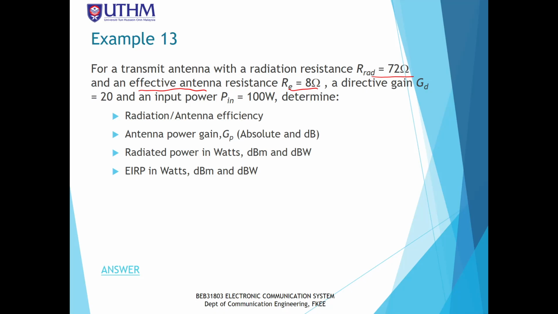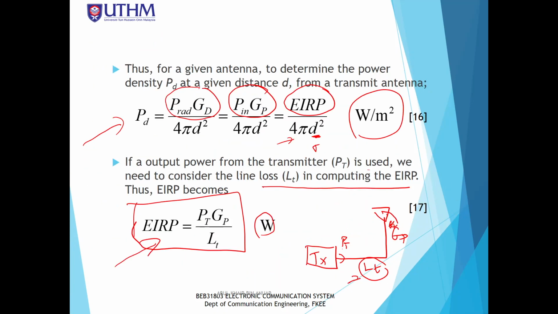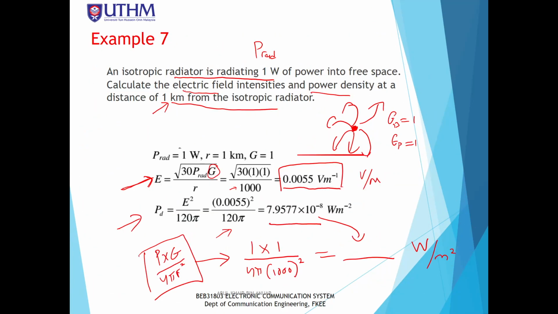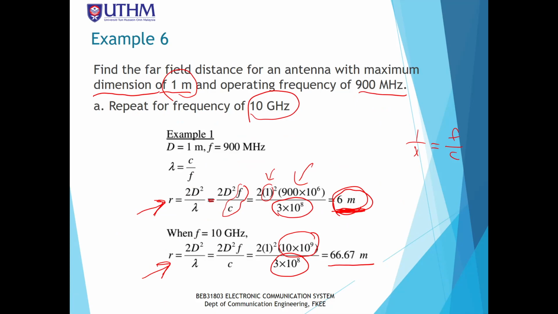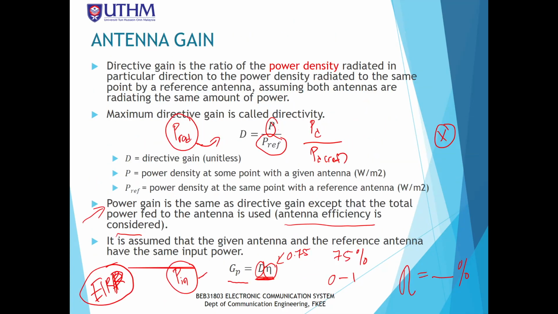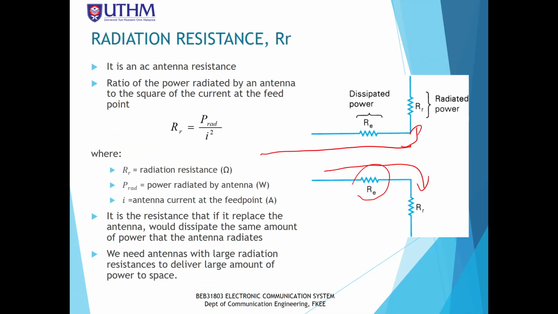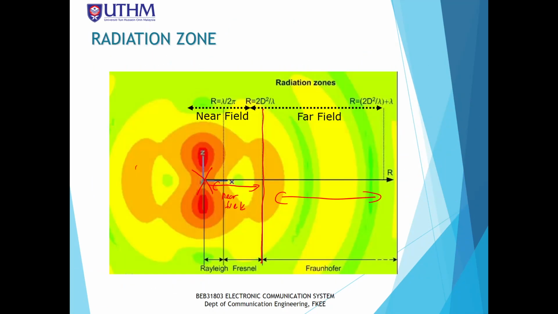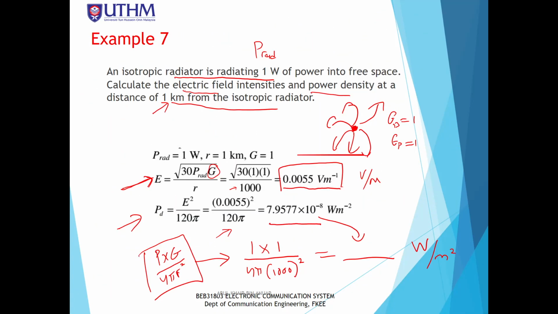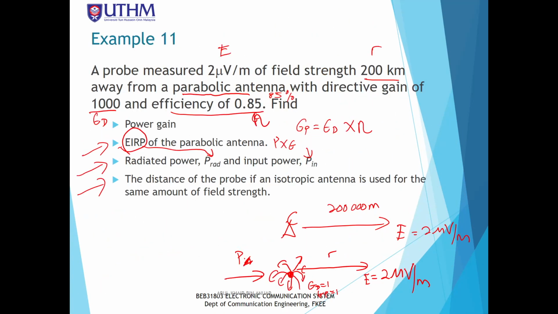This is referring to the previous slides about the antenna design using the resistance. So R effective is RE, R radiation is RR. Maybe we can redraw again.